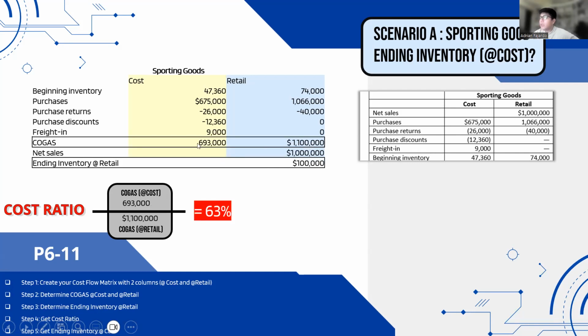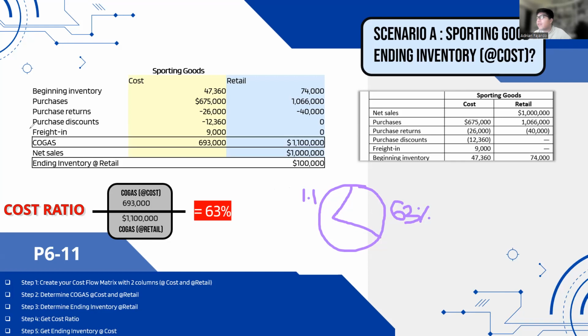Meaning, out of this selling price of 1.1 million, so if it was a pie, ito yung selling price na 1.1 million. Yung cost nito, 63% is the cost. The rest are markup.